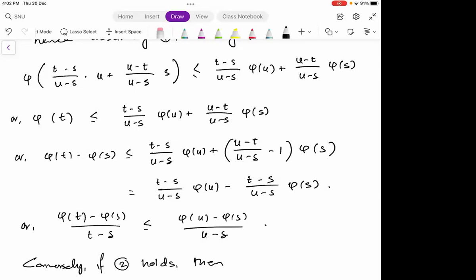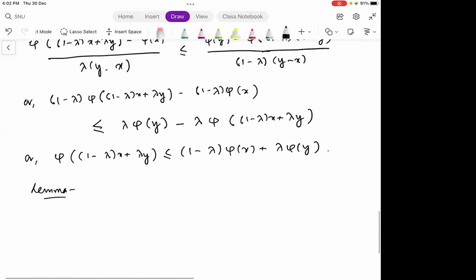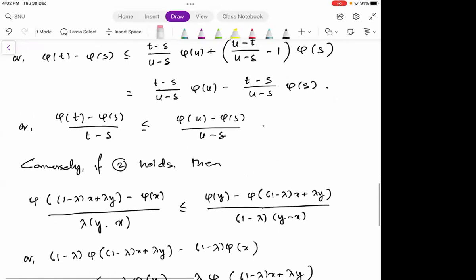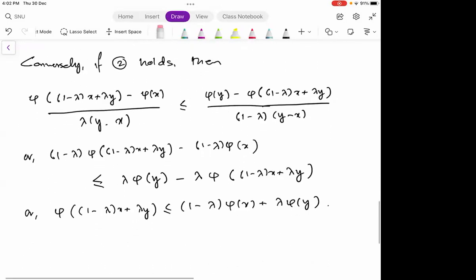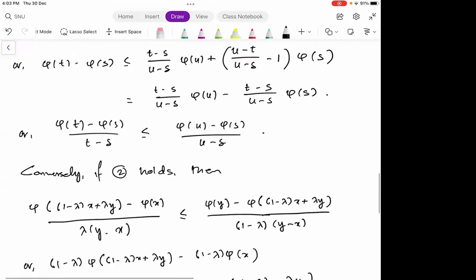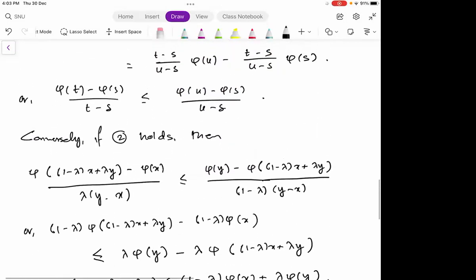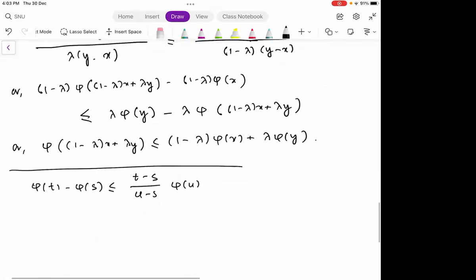Okay. So we have gotten this far. We have gotten to the state that phi t minus phi s is less than or equal to (t minus s) by (u minus s) times phi u minus (t minus s) by (u minus s) times phi s.